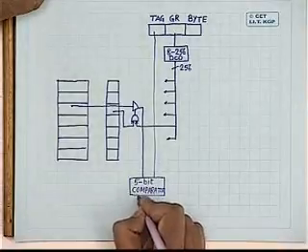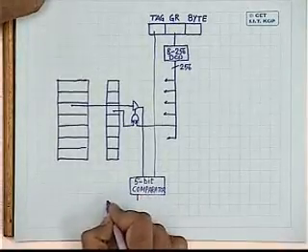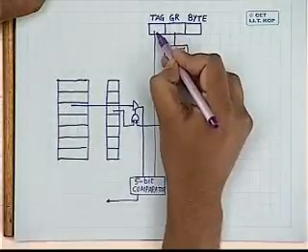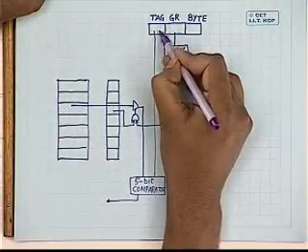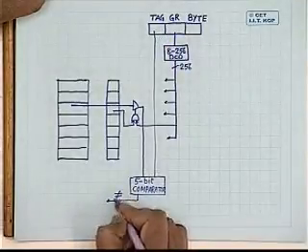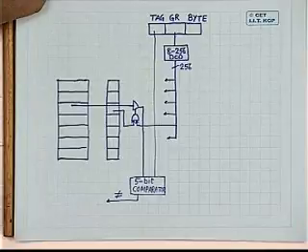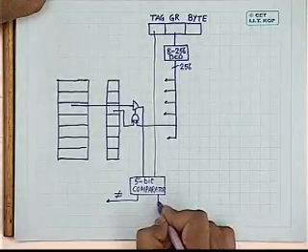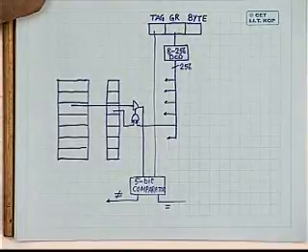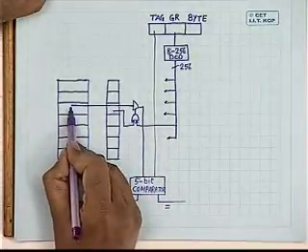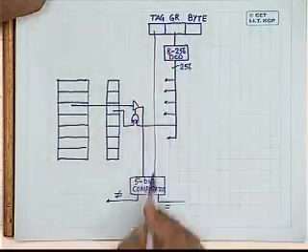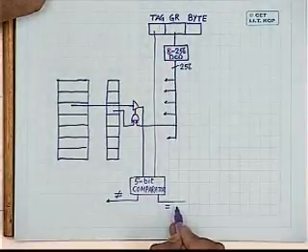Now the comparator output can say that either this tag content is not equal to this tag field content, so this is the case when they are not equal, or another situation that they are equal. So only when the content of this tag memory is equal to the tag field in the main memory address, in that case I say that I have a hit.